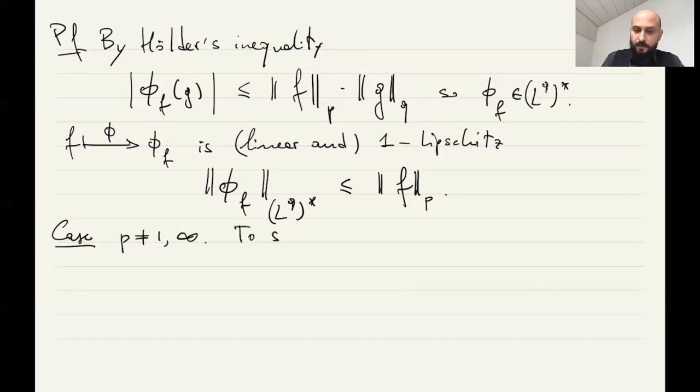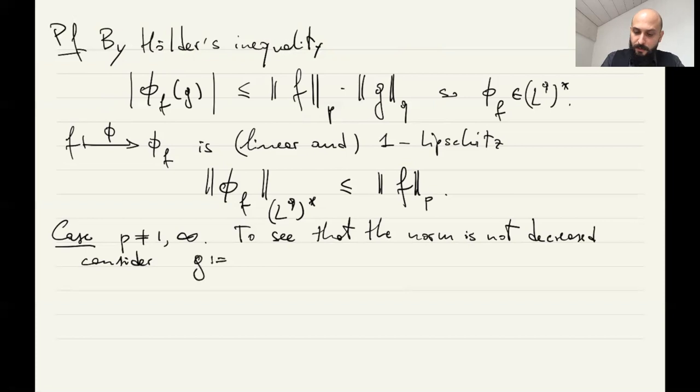To see that the norm is not decreased, we consider the function g to be sine of f, so it's +1 if f is positive and -1 if f is negative, times the absolute value of f to the p over q. So let's consider this function.